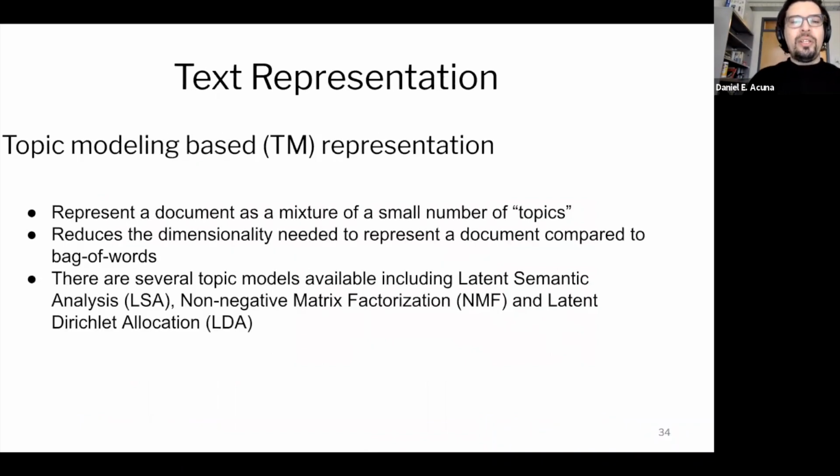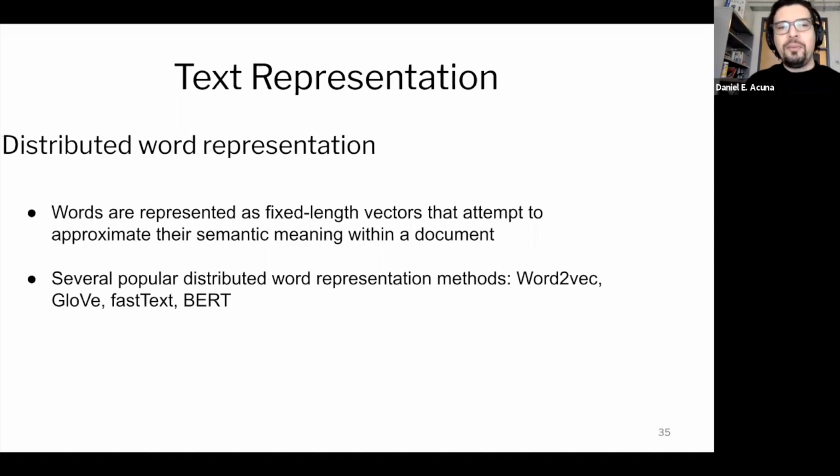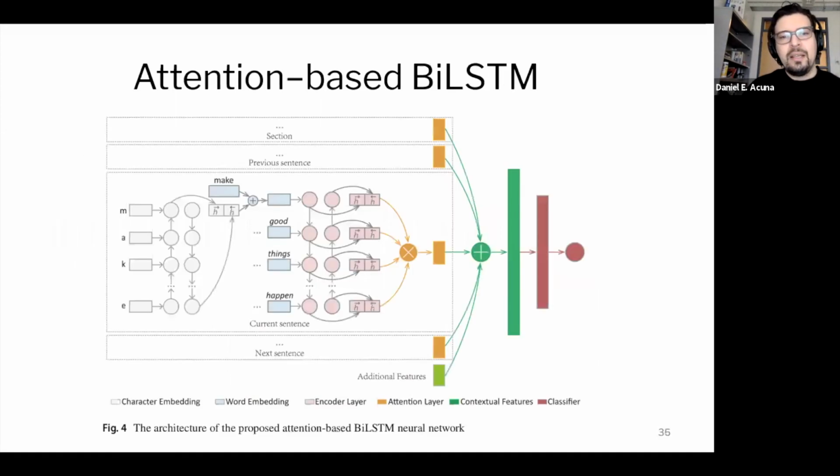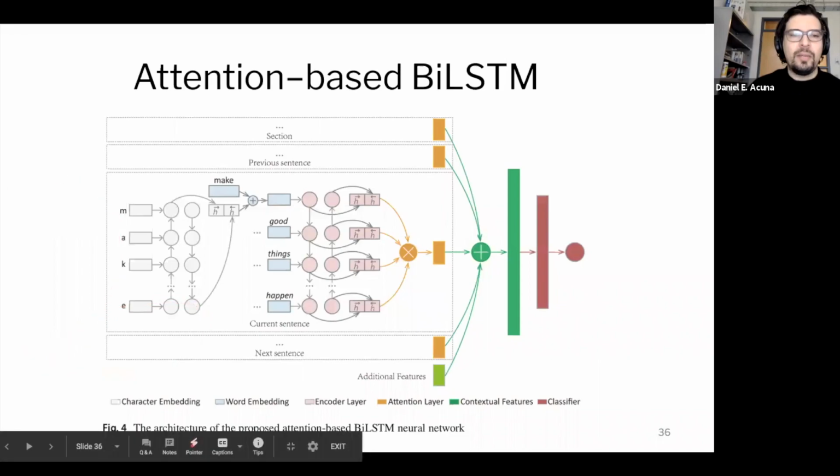Now, what we use here is something a little bit more sophisticated. We tried topic models, something that I described before that we're using at ILEEN, because topic models are super, super fast. But for this particular project, we use more sophisticated techniques based on deep learning to represent the sentences. And this is, again, work by Tong Zhang.